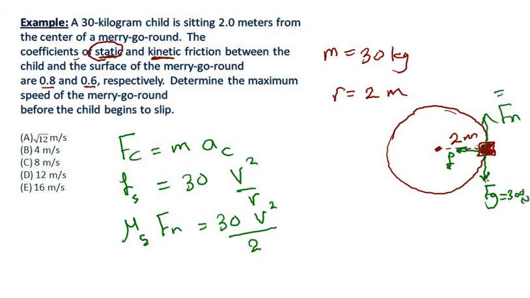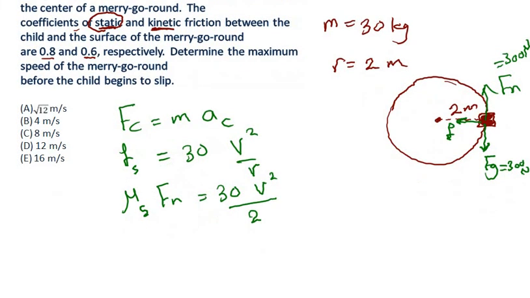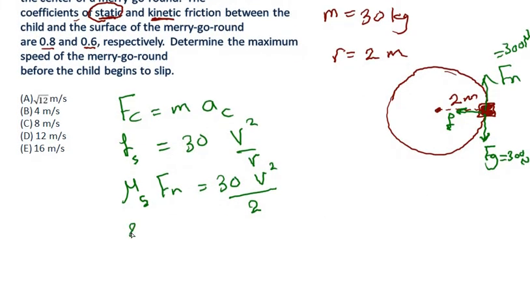Then Fn is the same as Fg, which is 300 again. Mu s is 0.8. Let's write it as a decimal number. That simplifies the calculations. 0.8 times 300 is equal to 30 over 2 times v squared.